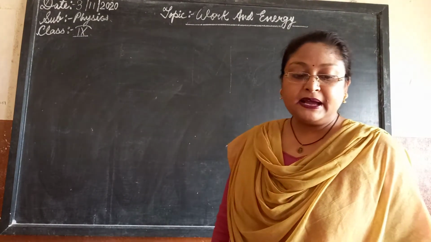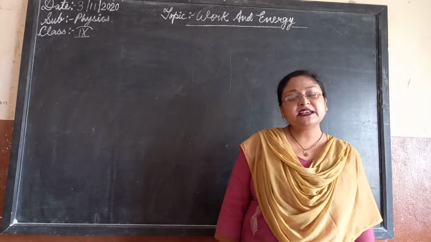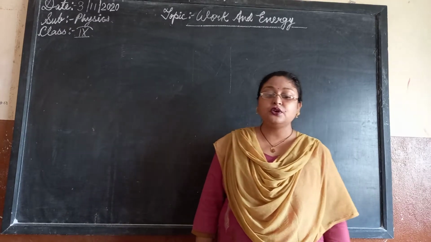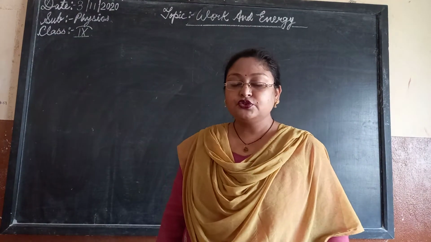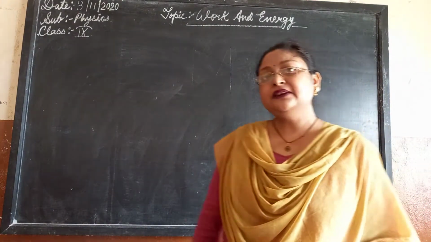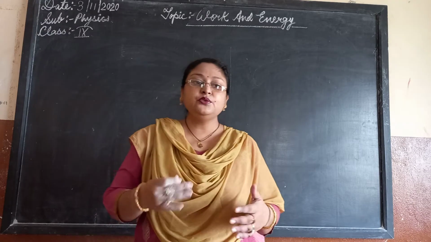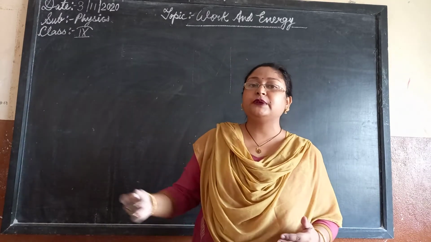Okay, so work done by a constant force. When a work is being done, first we need to see what kind of work it is. In work done, a force is specifically needed, and this force causes displacement in that particular body.